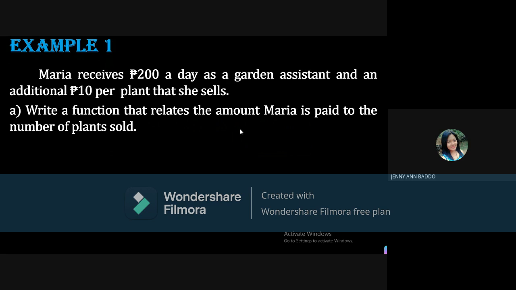So considering now the number of plants Maria sells in a day and the amount Maria is paid in a day, we have to determine now the dependent and independent variables represented by the variables x and y.